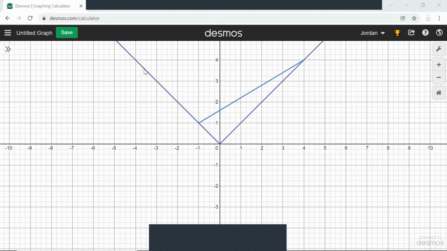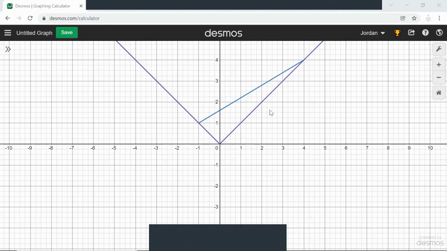It's pretty clear that in this situation, when the x value is below 0, the slope of absolute value is -1. When the x value is above 0, the slope of the absolute value is +1.